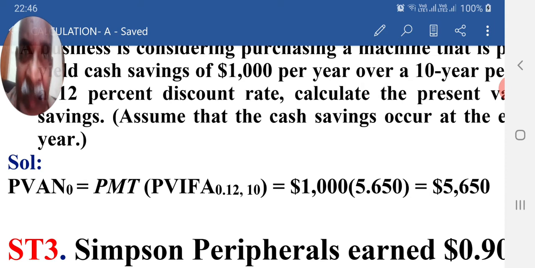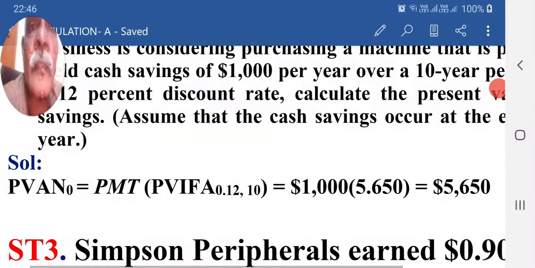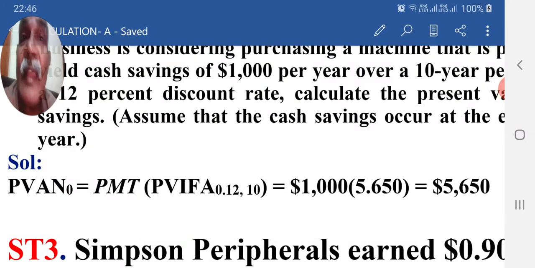Future means after every year you are getting 1000. 1000 every 1 year, 2 year, that is future value, known as payment. So present value annuity is equal to future value, that is payment, multiplied by the present value interest factor annuity I and N.